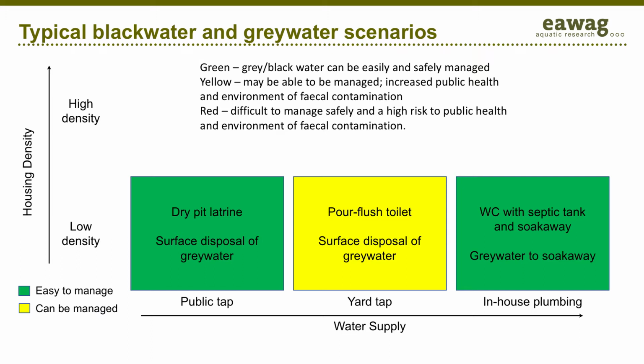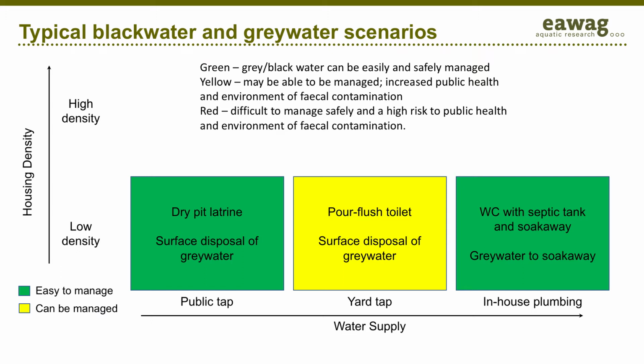Now, low-density housing with full in-house plumbing is typical of high-income areas, and adequately designed and constructed septic tanks for blackwater, with adequate soakaways for both blackwater effluent and greywater, are usually in place.